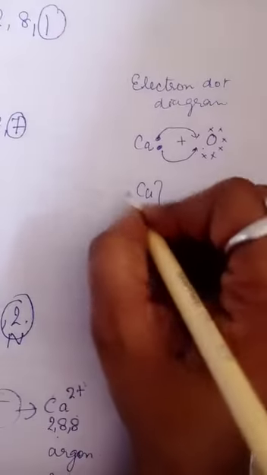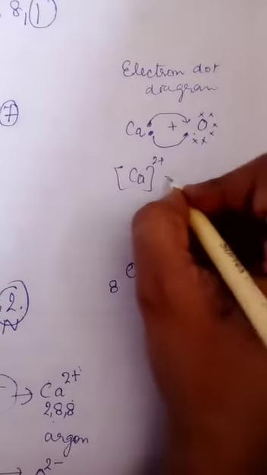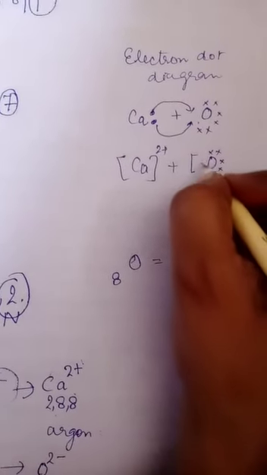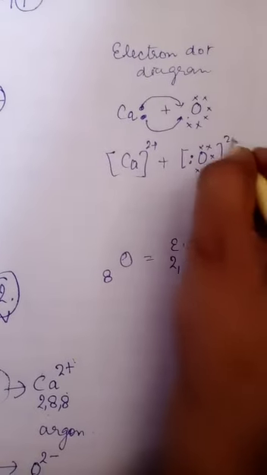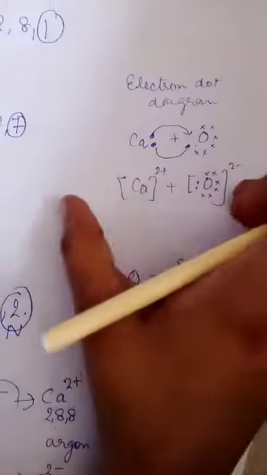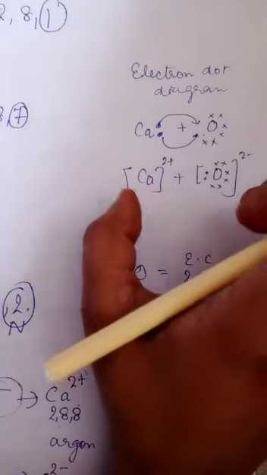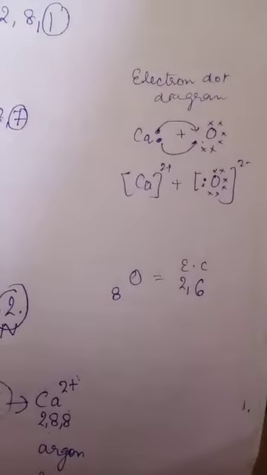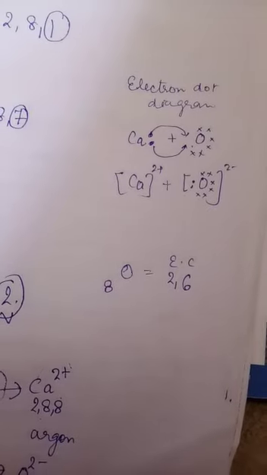So hence calcium will gain a 2 plus charge and oxygen will carry a 2 minus charge, and you will show all the electrons. Children, this is very specific. If any number of electrons is increased or decreased, then marks will be deducted.